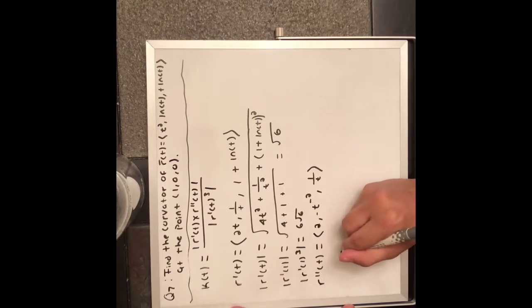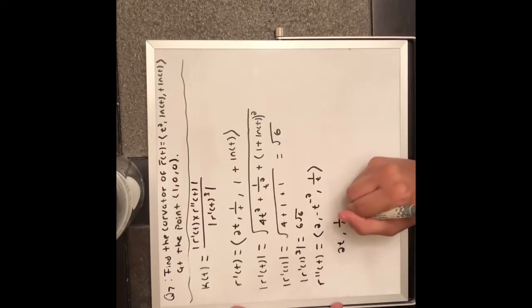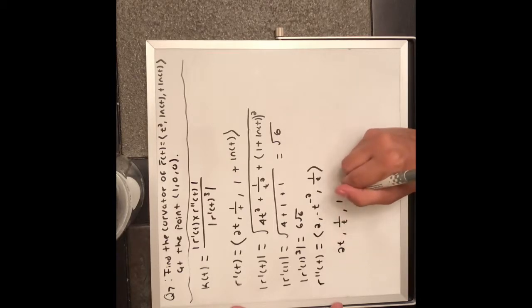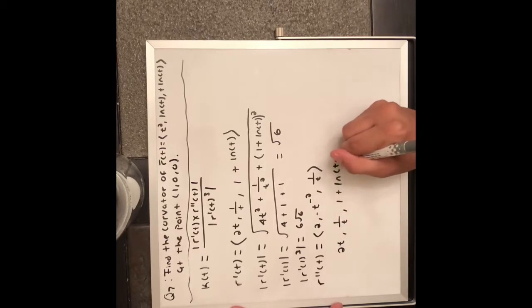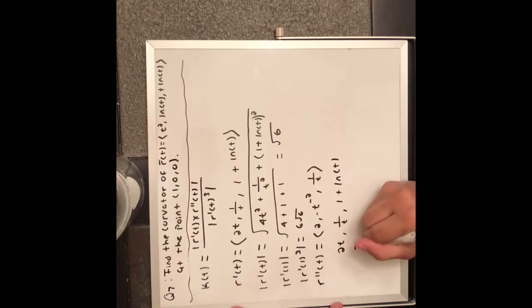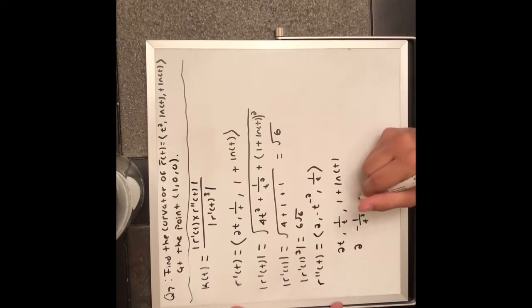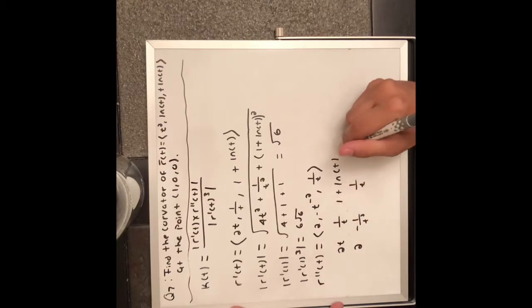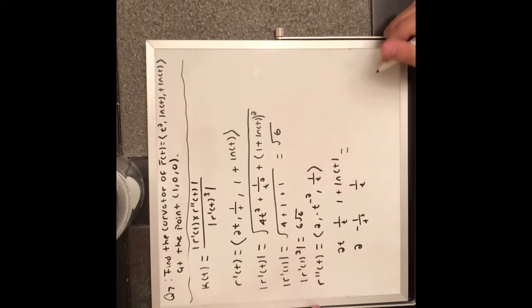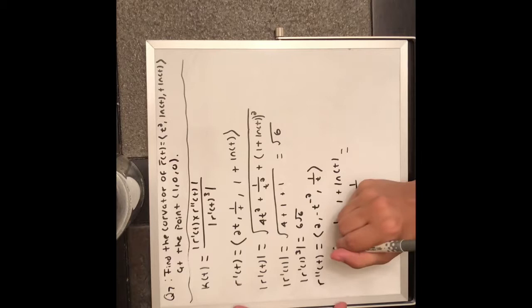So we have (2t, 1 over t, 1 plus ln of t) cross (2, negative 1 over t squared, 1 over t).